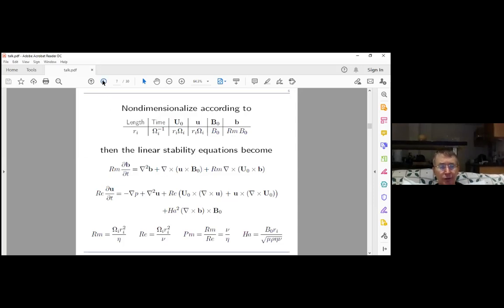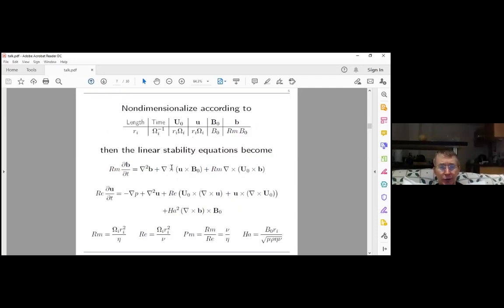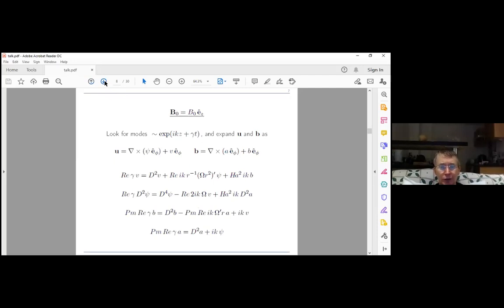So what do we have then? Well, suppose we start with the classical problem, what's now known as the standard magnetorotational instability, where we take our externally imposed field to be a purely axial field like so. Then we go back to our stability equations and want to do an analysis on them.